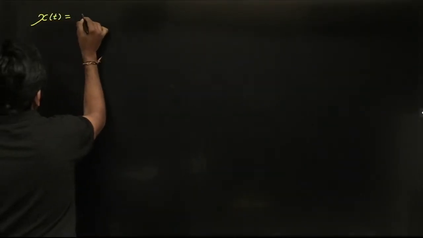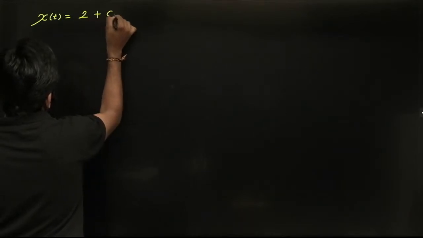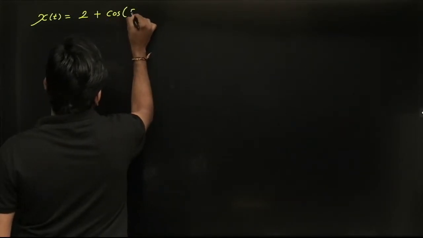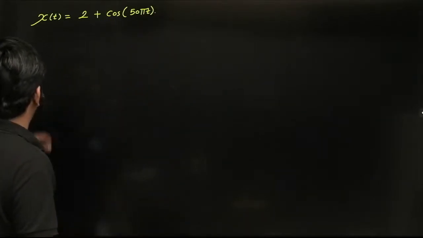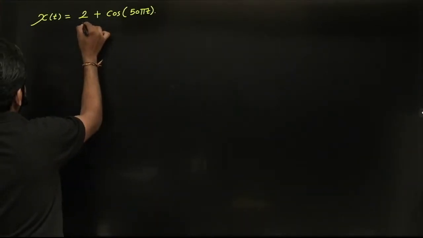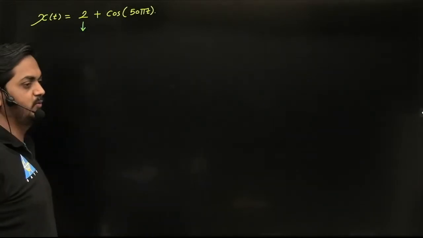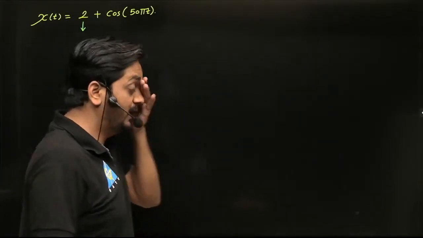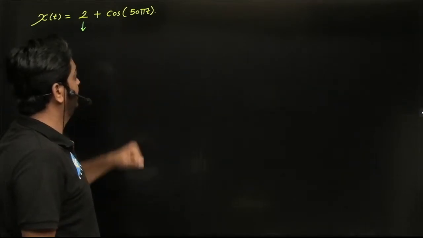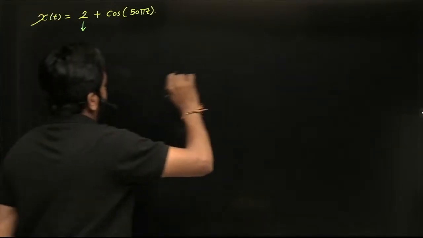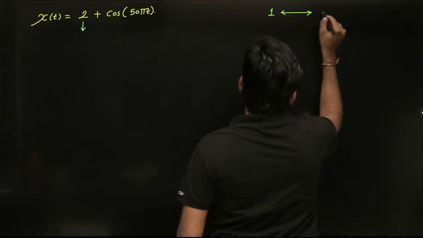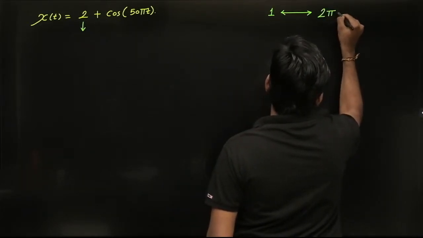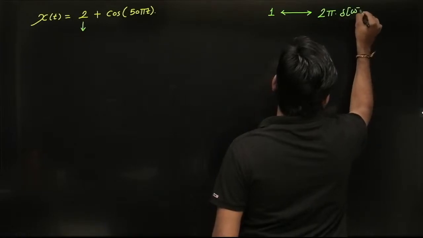x(t) is nothing but 2 plus cos 50 pi t. So this is DC, guys, whose Fourier transform will be what? See, the Fourier transform of the constant 1 is nothing but 2 pi del omega.